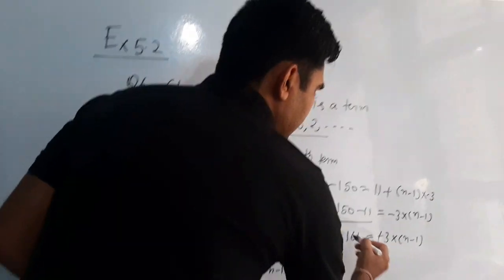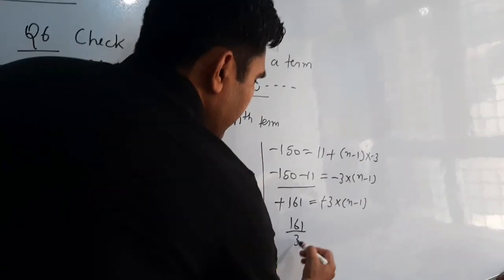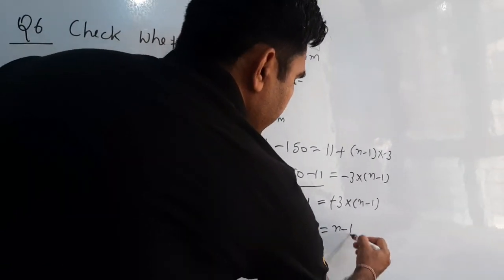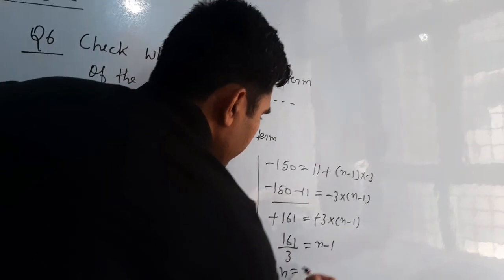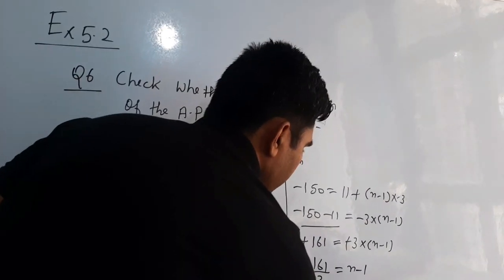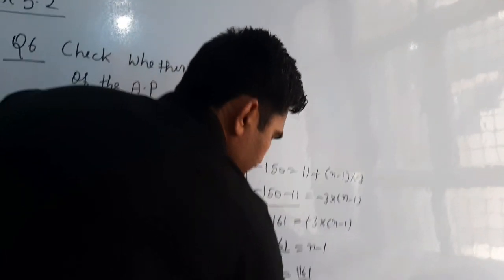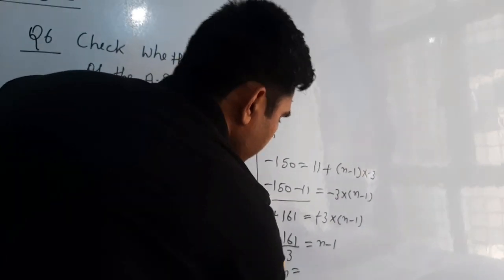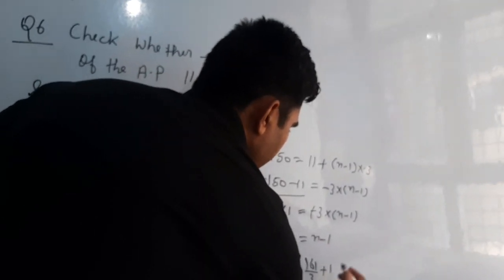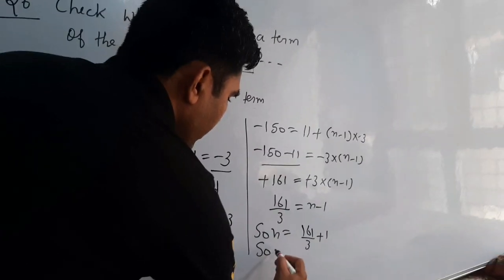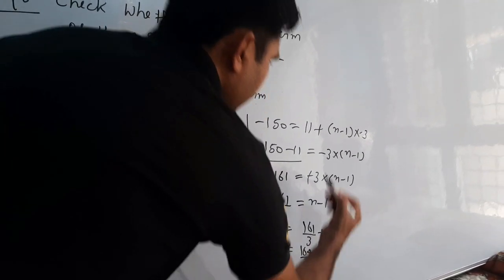Now the minus signs cancel, and 161 upon 3 equal to n minus 1. So n equal to 161 upon 3 plus 1. So n equal to 164 upon 3.